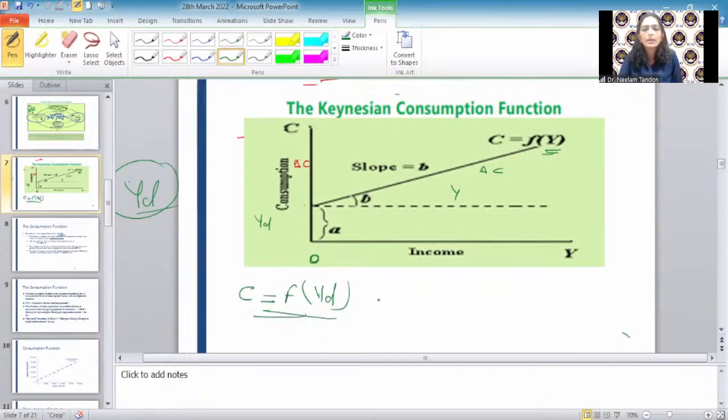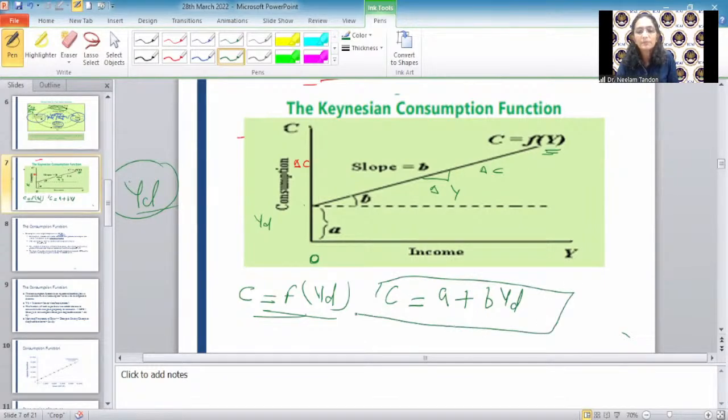Now if we have to write, this is A, autonomous consumption, as we have already shared. You can write A plus B. What is B? B is the slope. This is change in consumption to change in income. So this is B. It is a function of YD. This is the consumption function.